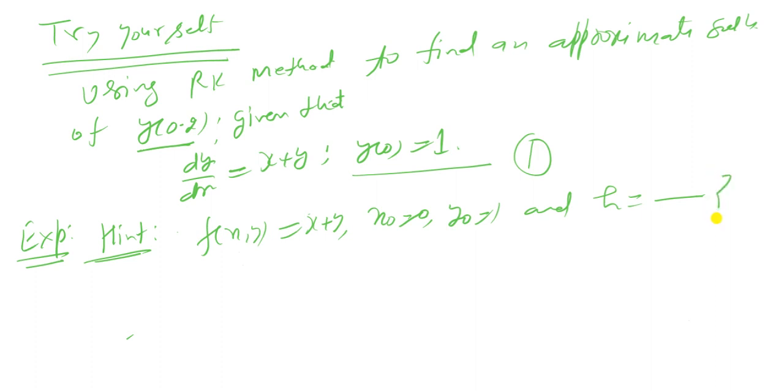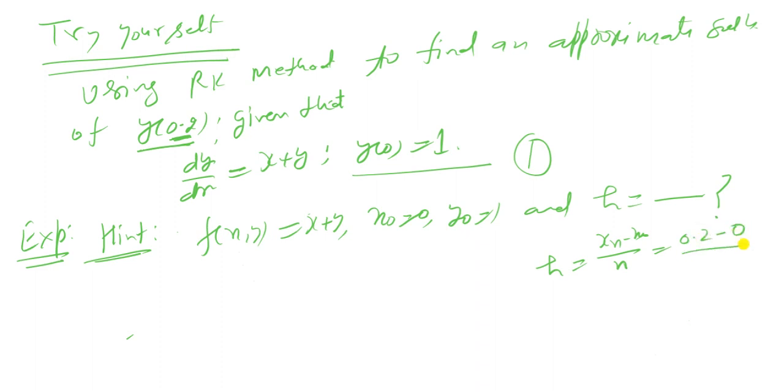How to identify the value of h? Here h is not given, so we compute h = (xn - x0)/n. Here xn is the value of x where we want to compute y, so xn is 0.2, and x0 is 0.